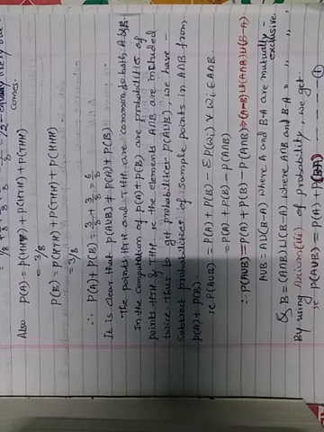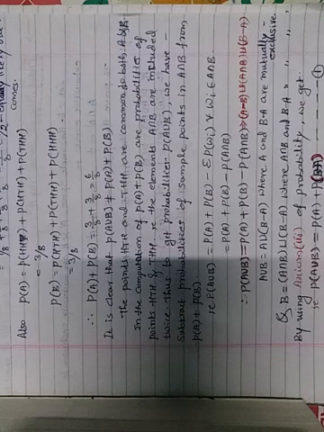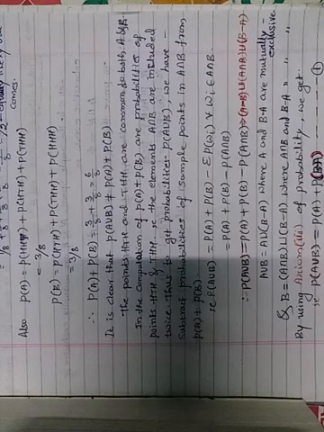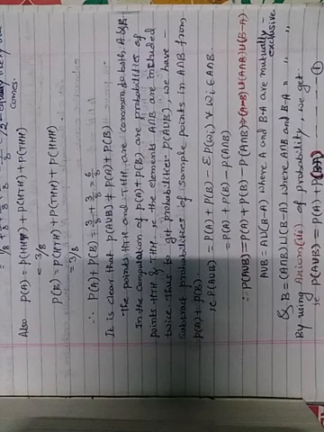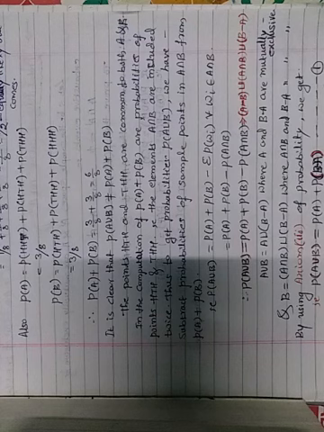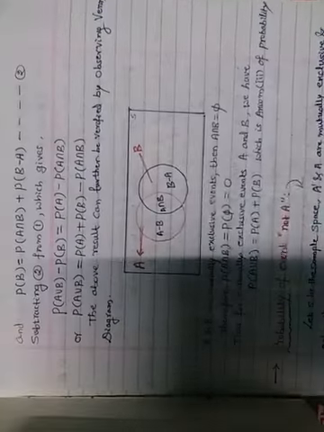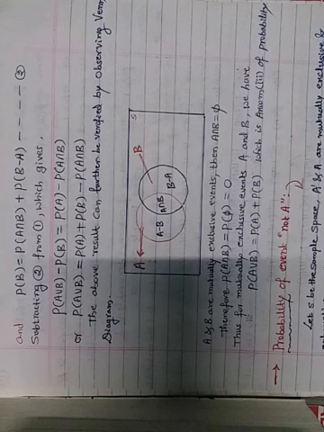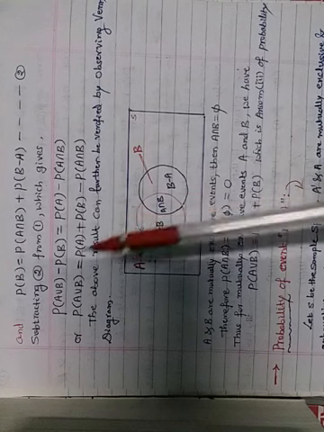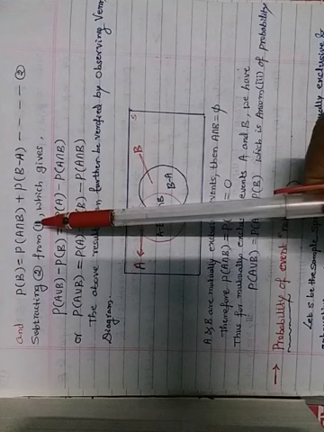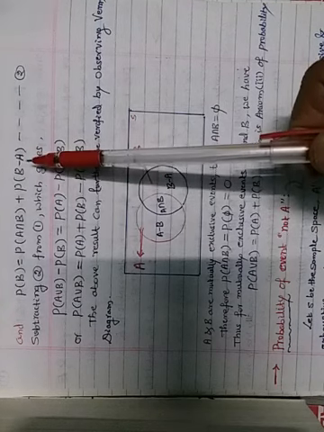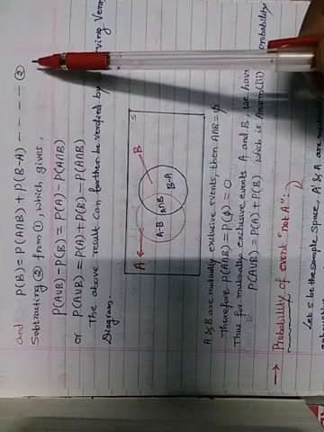By using the law, we get P of A union B equals P of A plus P of B minus A, noted as equation 1. Yes? And P of B equals P of A intersection B plus P of B minus A. This is equation 2.